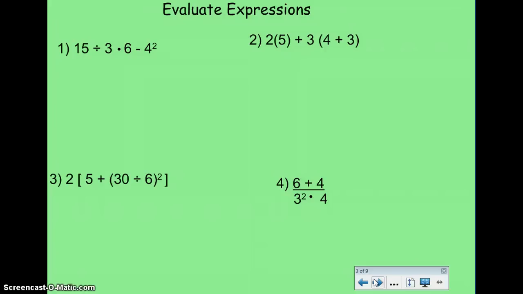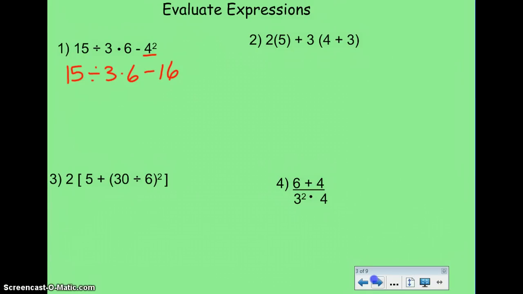As we take a look, there are no parentheses, but we do have the exponent, 4 to the second. So we copy everything else down as it is. So 15 divided by 3 times 6, we leave, and then we go ahead and square 4, and that is minus 16.